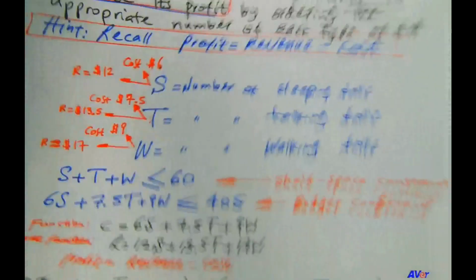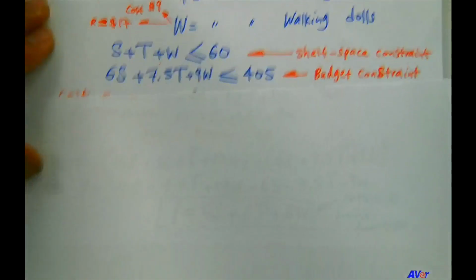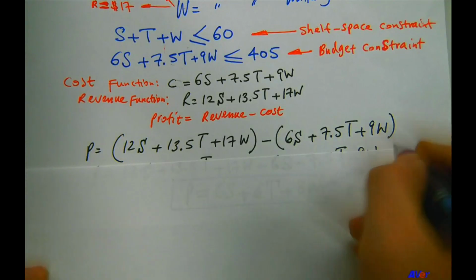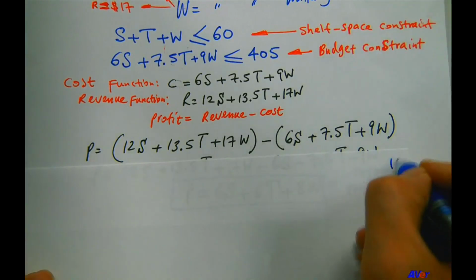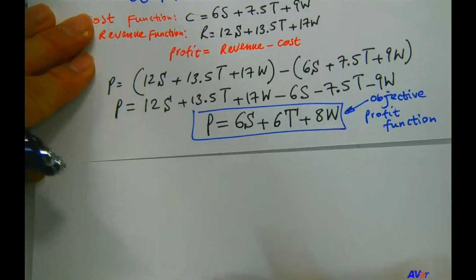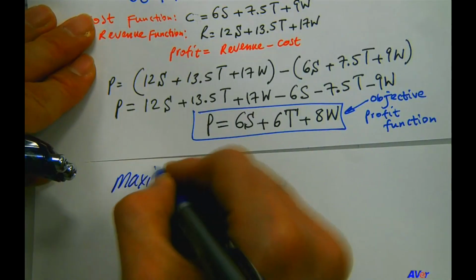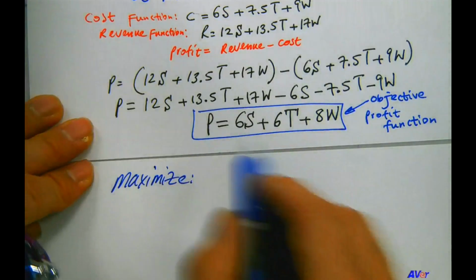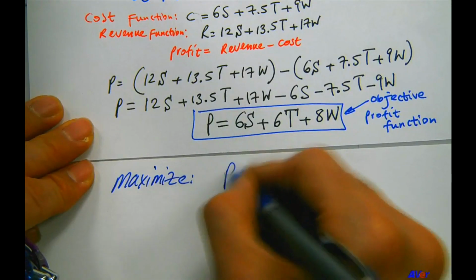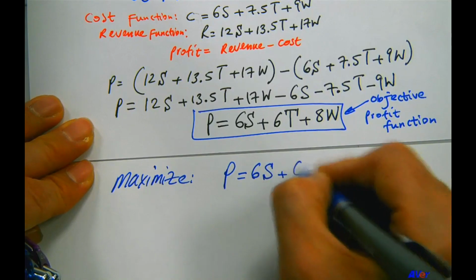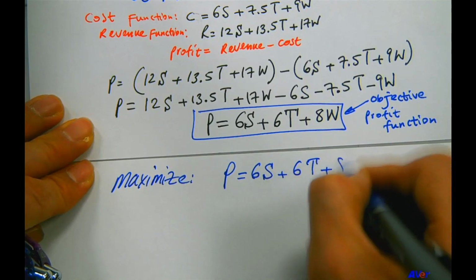So let's clean this up and put it in order so that it's in front of us. I'm going to rewrite all of this again in a neat way, because everything we did was to organize the information. So we want to maximize this profit function, the one we just figured out: P equals 6s plus 6t plus 8w.